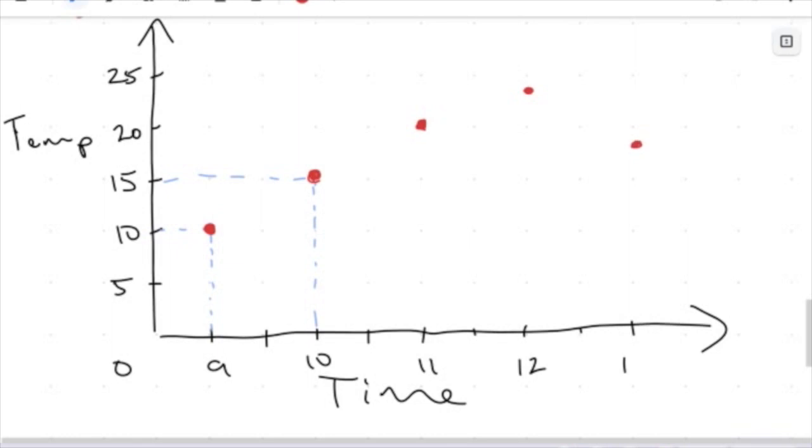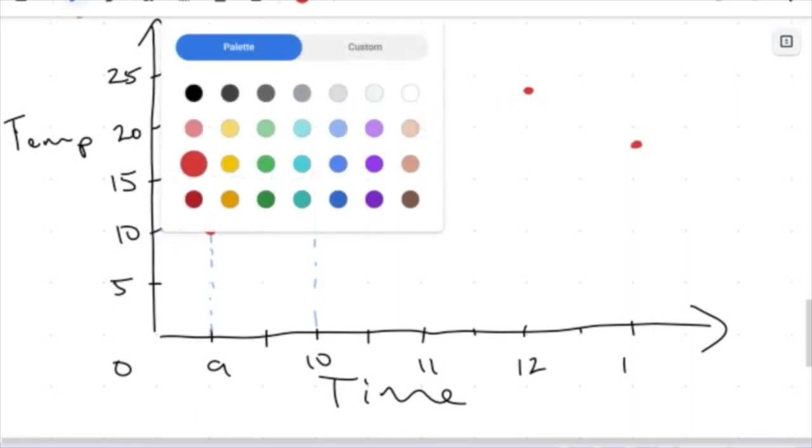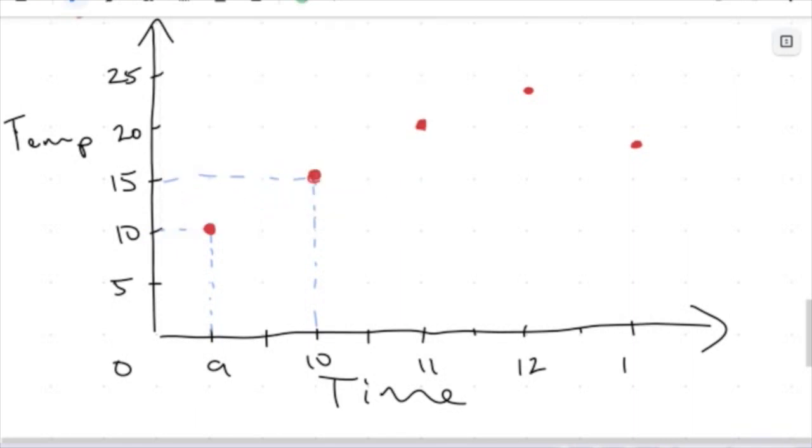So now that I have my points, I'm just going to join these up with my line segments. So I'm starting at 9, I'm going here, to here, to here, to down here.